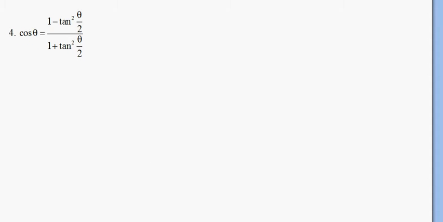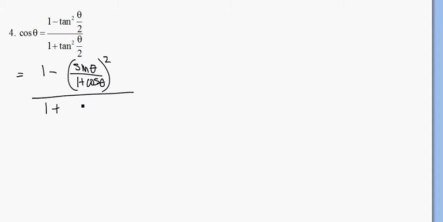Okay, this one's actually pretty involved. So I know that tan theta is 1 plus sine over 1 plus cosine theta. Sorry. So this is 1 minus the sine of theta all over 1 plus cosine theta, this quantity squared, all over 1 plus the sine of theta all over 1 plus the cosine of theta, quantity squared.